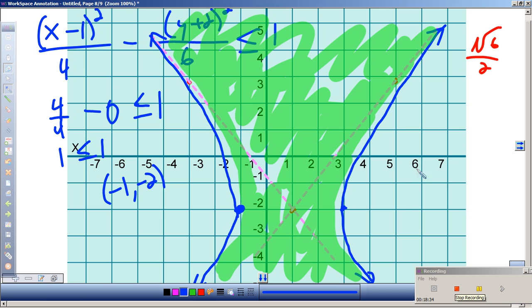If something out here works, then it would be here and here. Of course, you can test points here and here, and say, okay, they clearly don't work in this case.